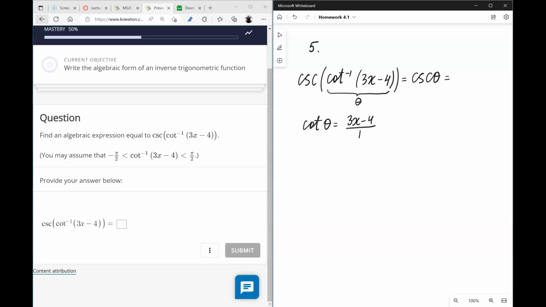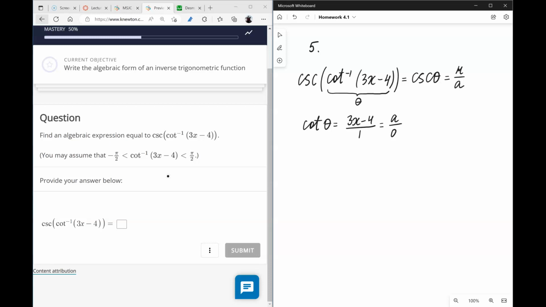And now we're going to use the definitions of cosecant and cotangent to introduce the reference triangle. Cotangent is adjacent over opposite, and cosecant is hypotenuse over adjacent.